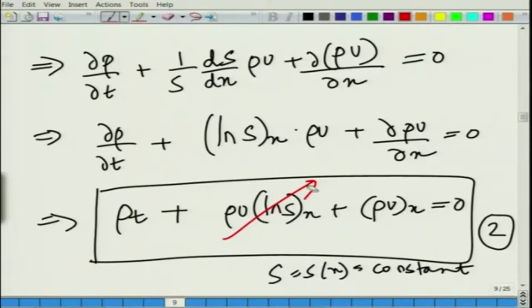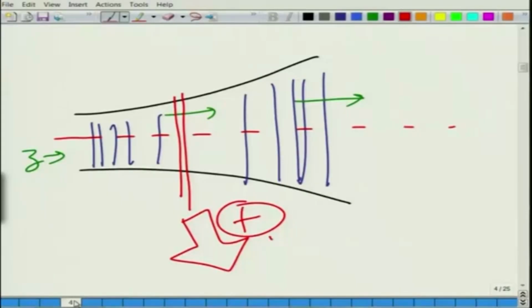But in the general case for a gradually varying area duct, this will not be 0 because S is by definition a function of the axial distance x. Okay. Note again here that waves in a gradually varying area duct are never one dimensional; at least they will be 2 dimensional in the sense that they will have a motion along the x axis and there will be some component along the r axis.